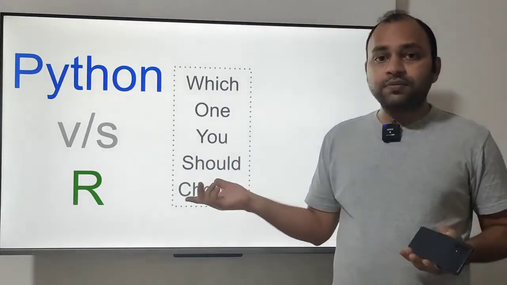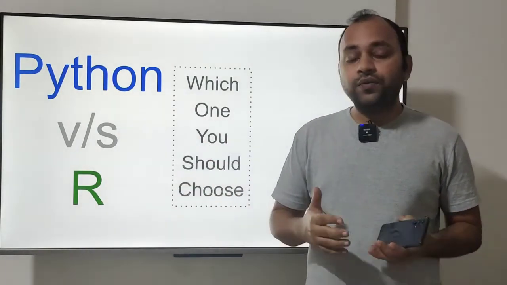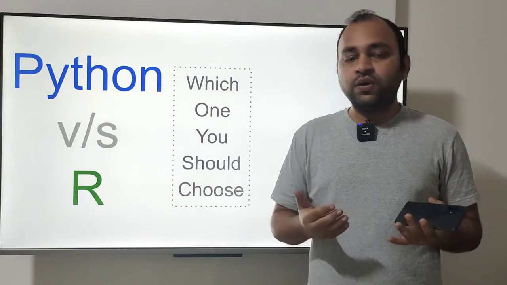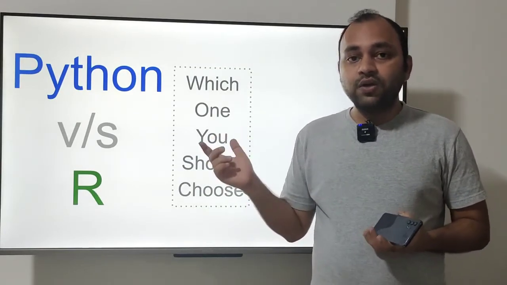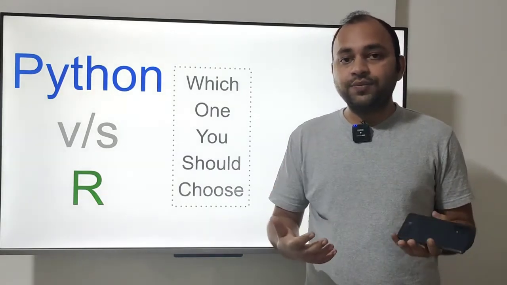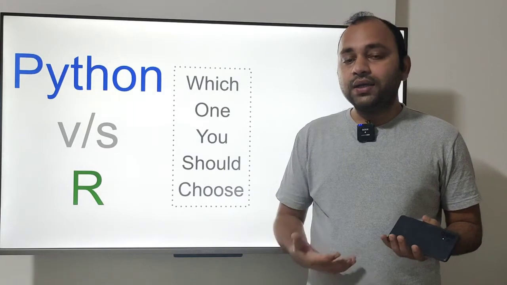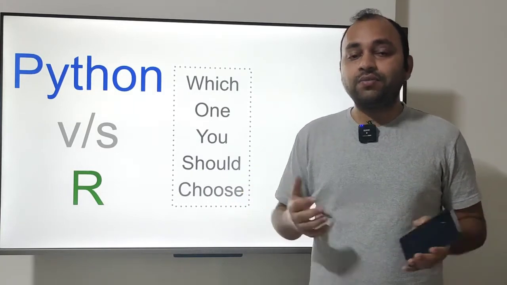Python is also around on similar lines, but recently has gained a lot of popularity because of its high flexibility, the faster data processing that it can do, and the huge development that is happening on the Python side.